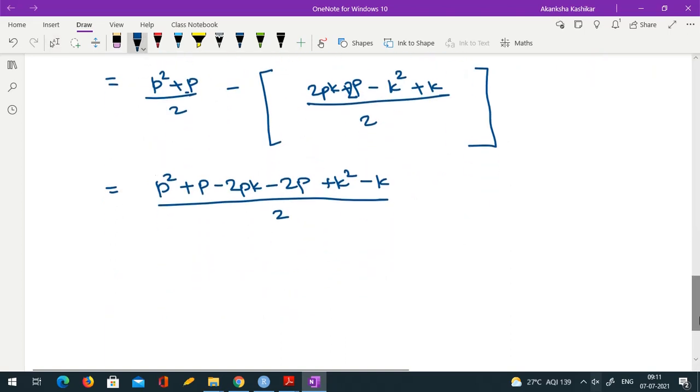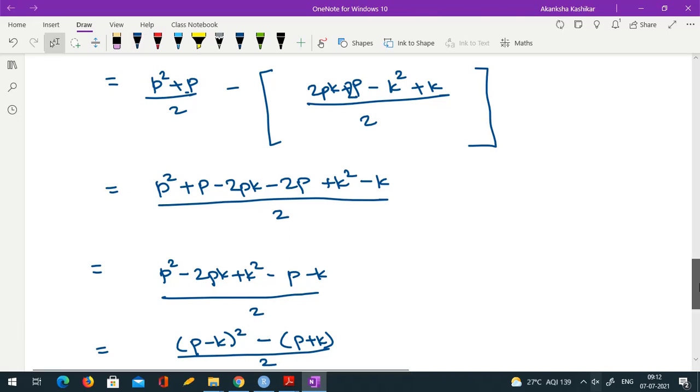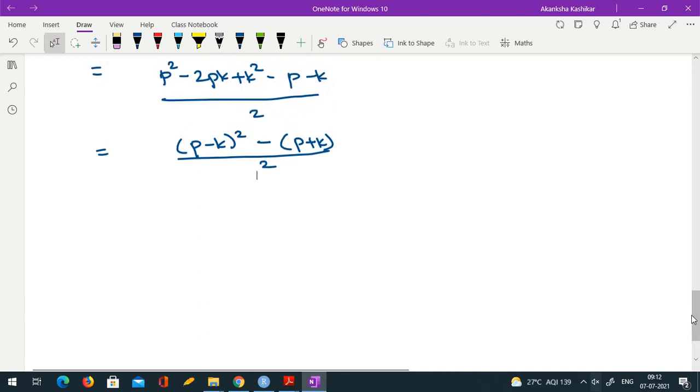Let me pick terms which could be combined. So p square minus 2pk plus k square, then p minus 2p will become minus p, minus k, divided by 2. The first three terms are basically p minus k whole square, minus p plus k, and the whole thing divided by 2. So I have p minus k whole square minus p plus k, the whole thing divided by 2, as the degrees of freedom for a model with k factors.